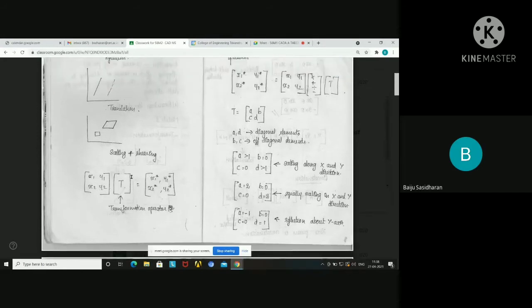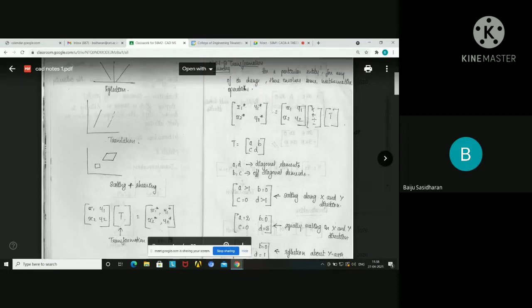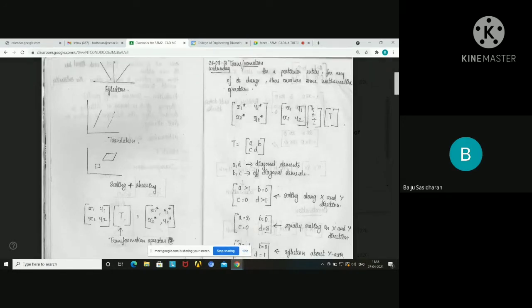Okay. In a sense, it can be represented as: this is our transformed coordinates x1 star, y1 star, x2 star, y2 star. The transformed coordinates are equal to the initial coordinates operated with another matrix.